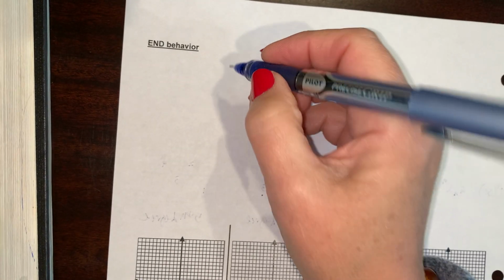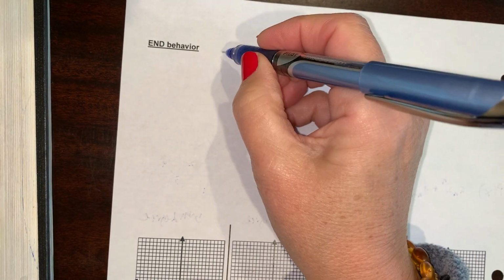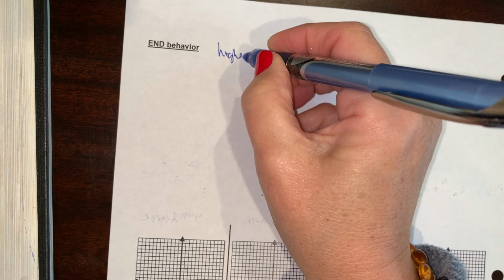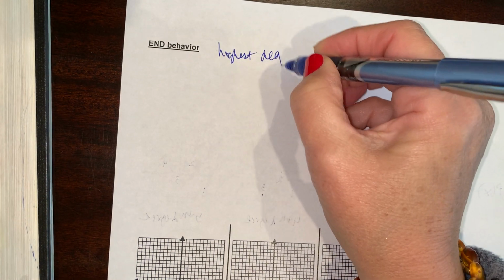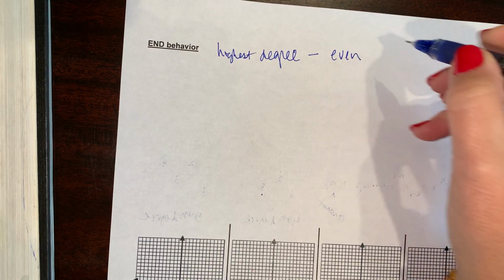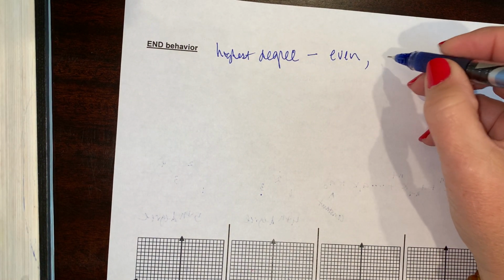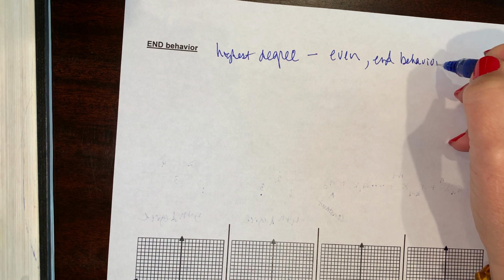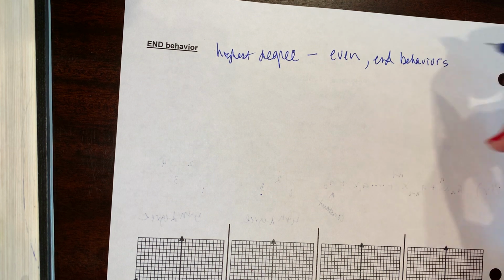Okay, then the next thing we're talking about is end behaviors. When your highest degree is an even number, then the end behaviors are going to be matching.